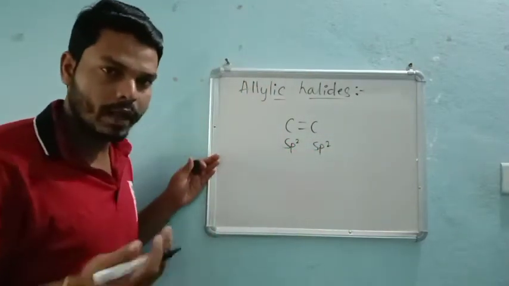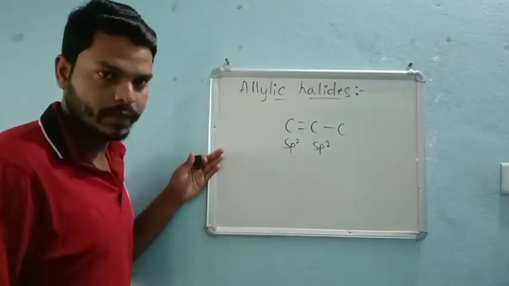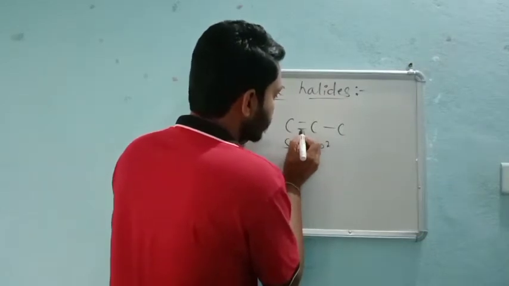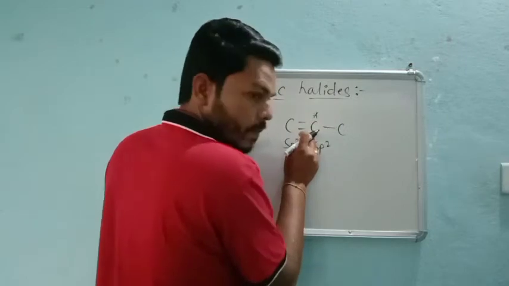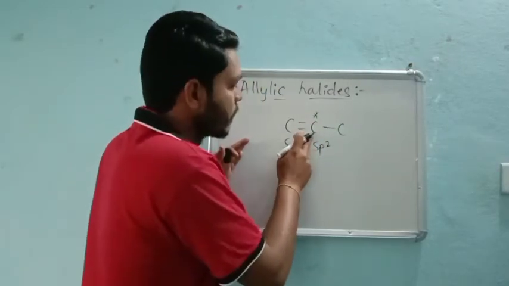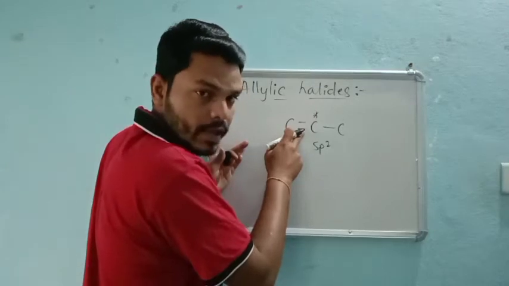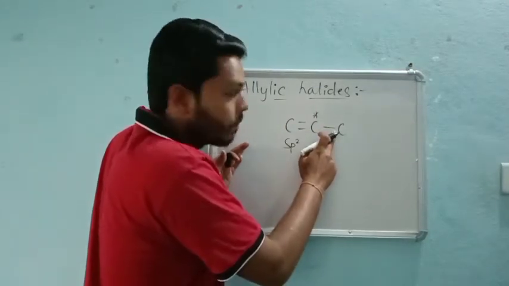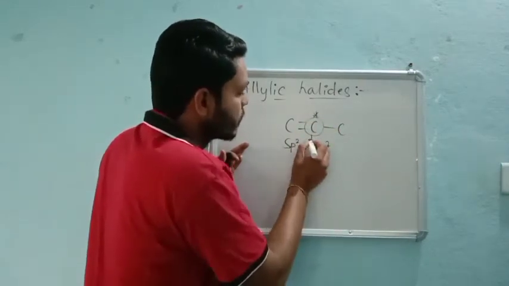And now the next condition is like this. With respect to this carbon, there is a direct link to this carbon. If I consider this one, this side it has a double bond and this side there is a single bond. So the hybridization of this carbon will always be sp2 only.